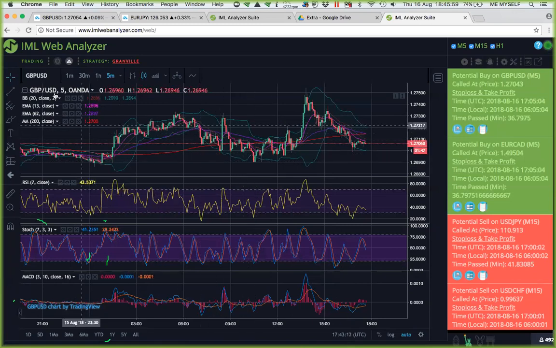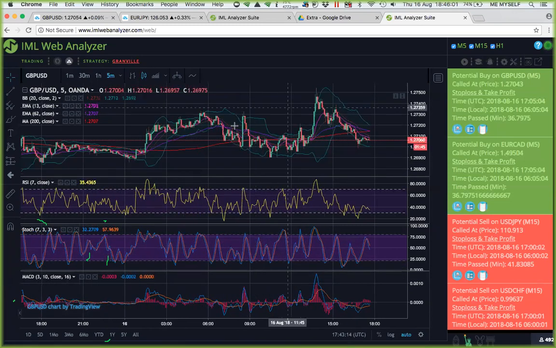So when I'm doing my analysis, I like to mark up my charts just as normal technical analysis. And I do encourage you, if you haven't done it yet, to check out technical analysis in the IML Academy and do your basics 1, 2, 3, 4 and technical analysis. That will really help you to understand a bit better what we're going to do.